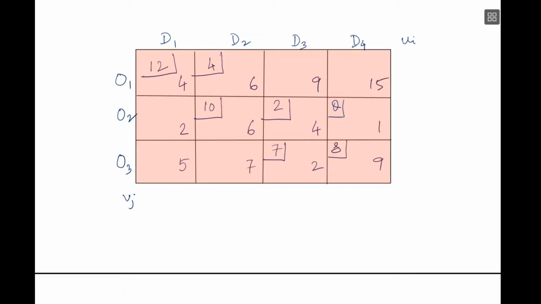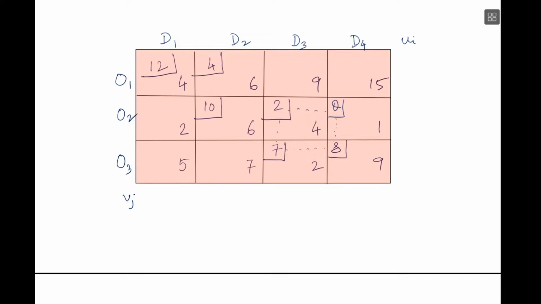What we do, we actually try to find a cycle of this kind. Yes, we will have to find a cycle so that each of the corners will be occupied by some allocated cells.